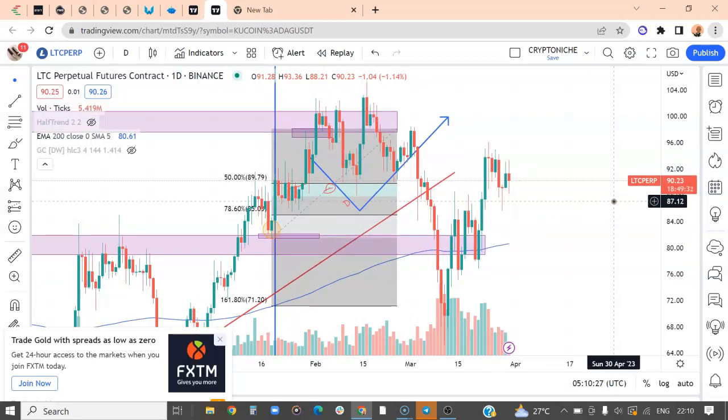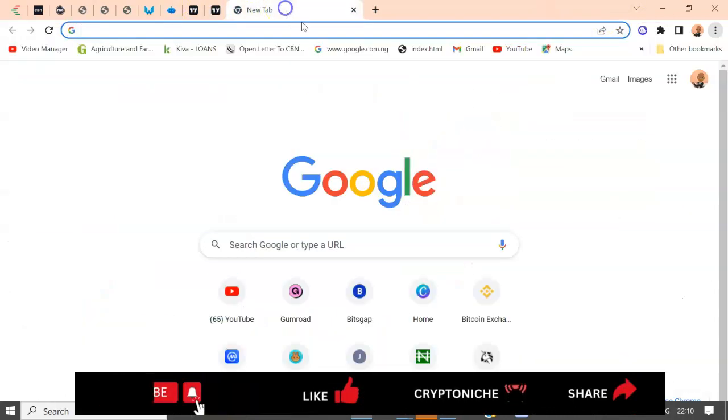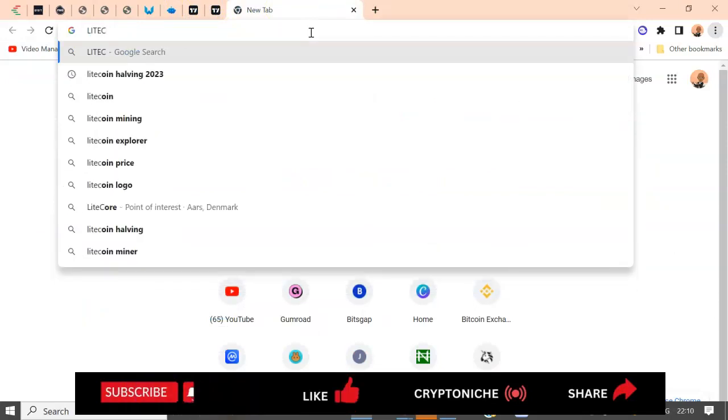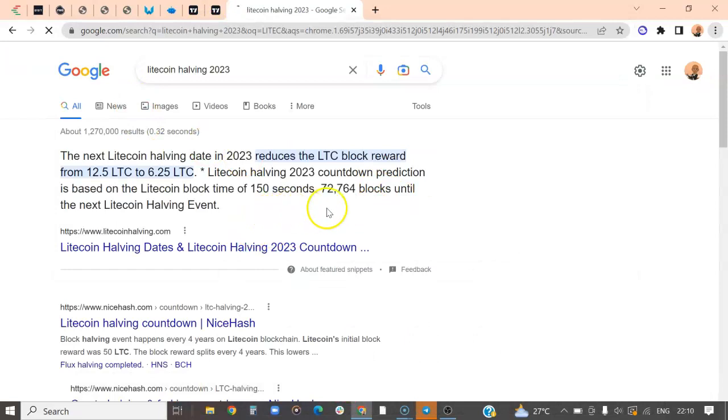When you look at events that surround LTC, the biggest one amongst them is the Litecoin halving. If you want an idea of when the halving will take place, search Litecoin halving 2023. You can see quite a number of people have been searching for this.